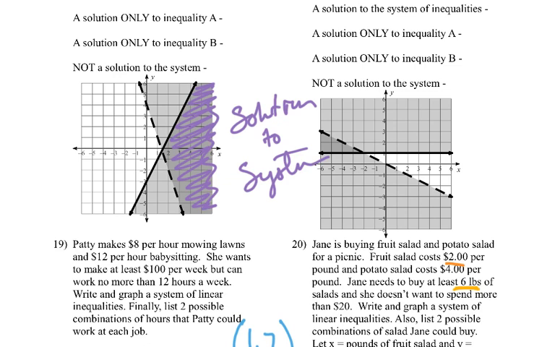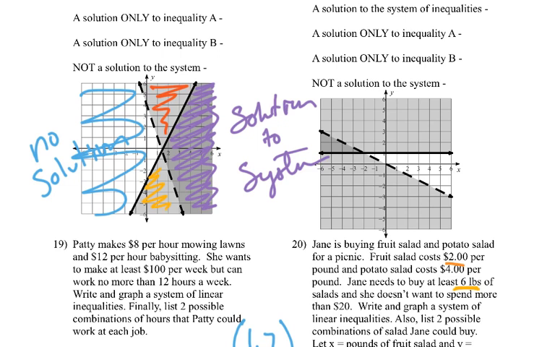Where nothing is shaded, that's no solution. Where one of them is shaded, that's a partial solution, but only for one equation, not for both. So you can't consider it a solution to the system. Only that area works. Okay?